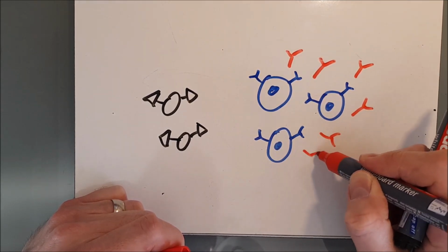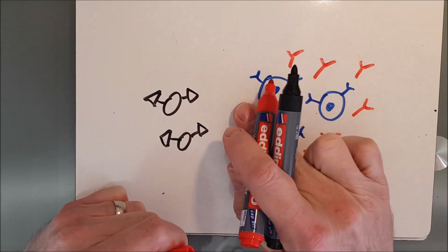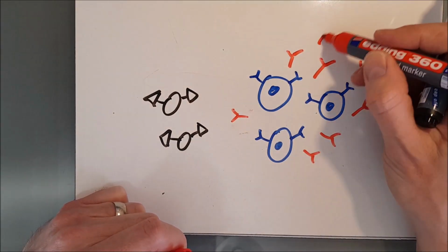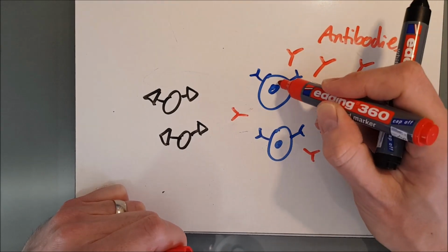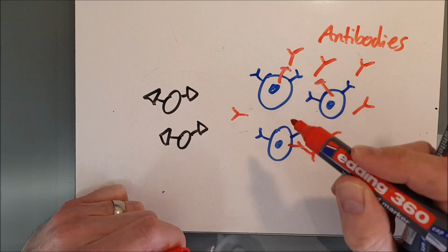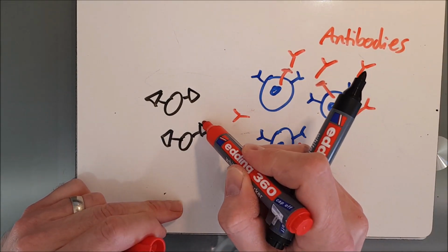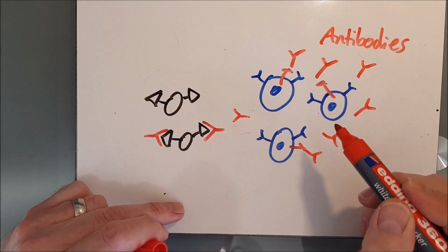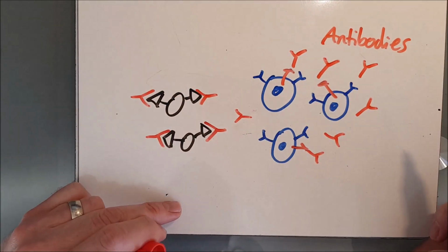Antibodies basically have the same shape as the antigen receptor on the white blood cell itself. So the antibodies are being secreted from the white blood cells. And the key thing that happens is that the antibodies start to bind to the antigens on the microbes.